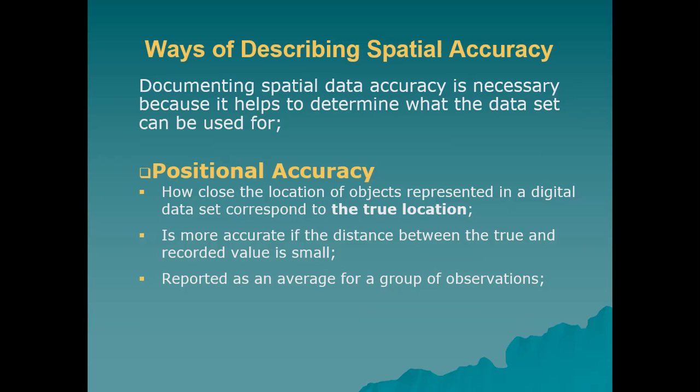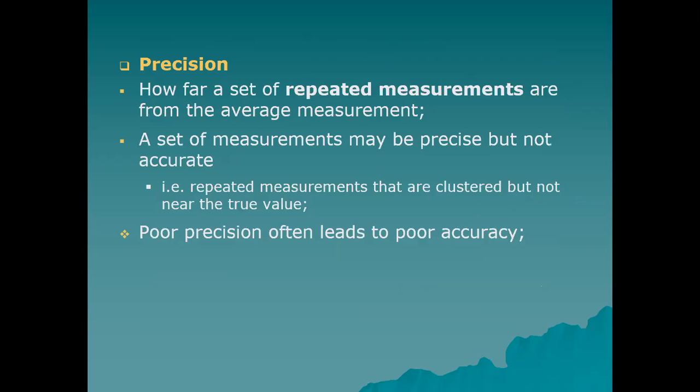As well as being reported as an average of a group of observations, that is positional accuracy. So you don't want to record just one observation to determine accuracy, but you want to have a group of observations so that you can increase precision. So speaking of precision, what do we mean by precision?